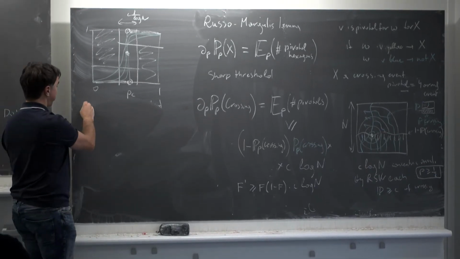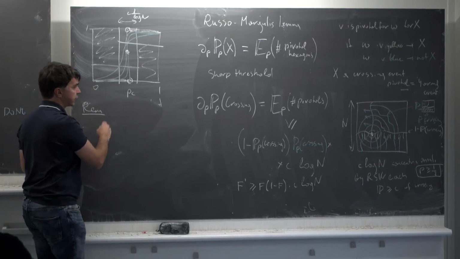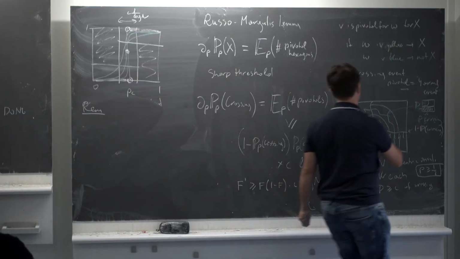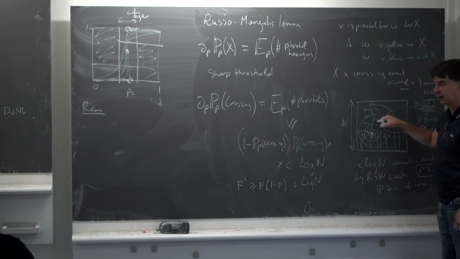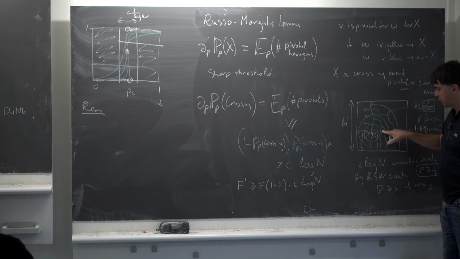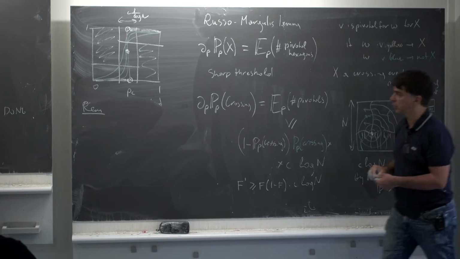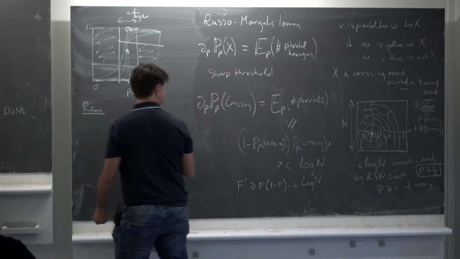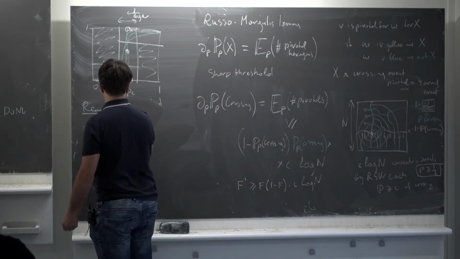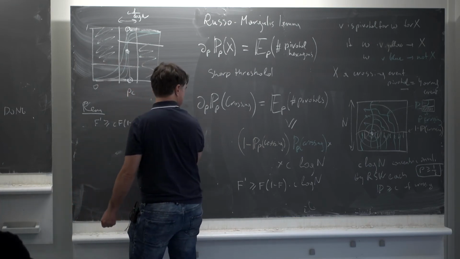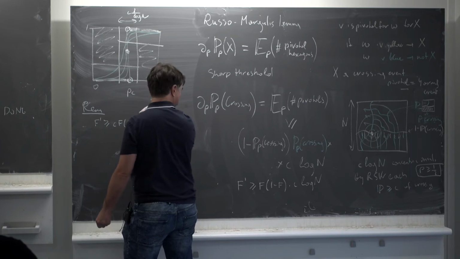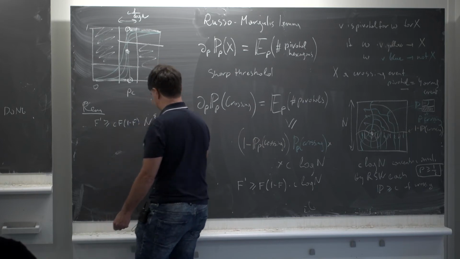So a small remark is that I did a very straightforward thing with annuli, but what I can do is the first crossing and then start the annuli again. So actually what will happen, there will be a Cantor set of these points, so one can actually do f prime is at least constant f times 1 minus f times n to the power epsilon.